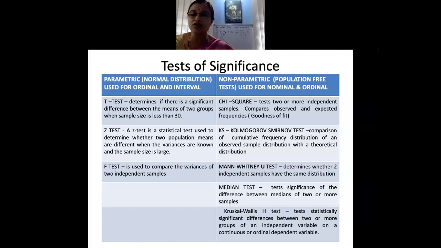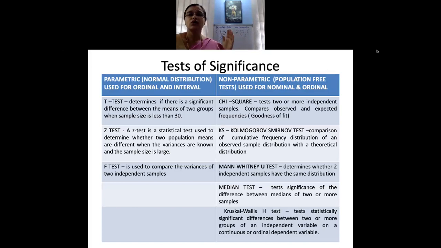Of course, now you need not even break your head on finding out whether it's normal or not. There are a lot of tools, even under SPSS, under R, you just have to find out whether they qualify the normalcy test. So this is the first step that every researcher has to do once you get your data: find out whether your data is a normal distribution or not a normal distribution.